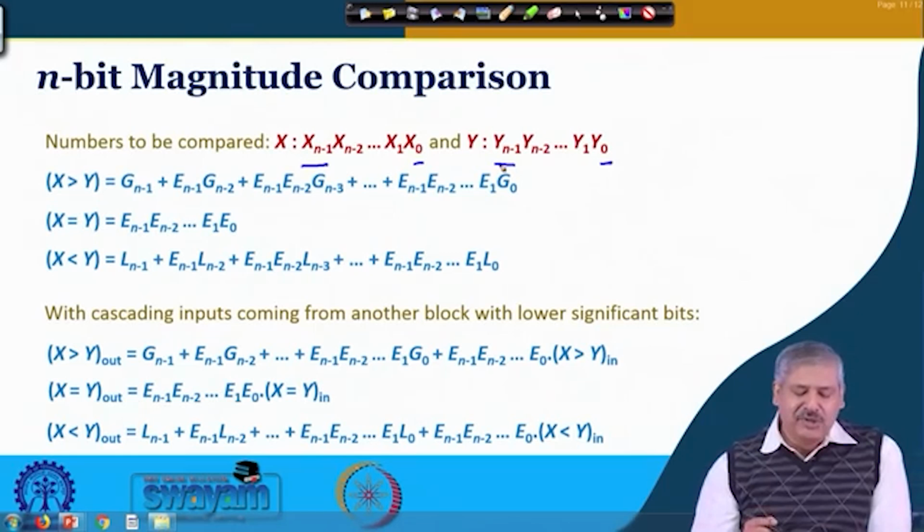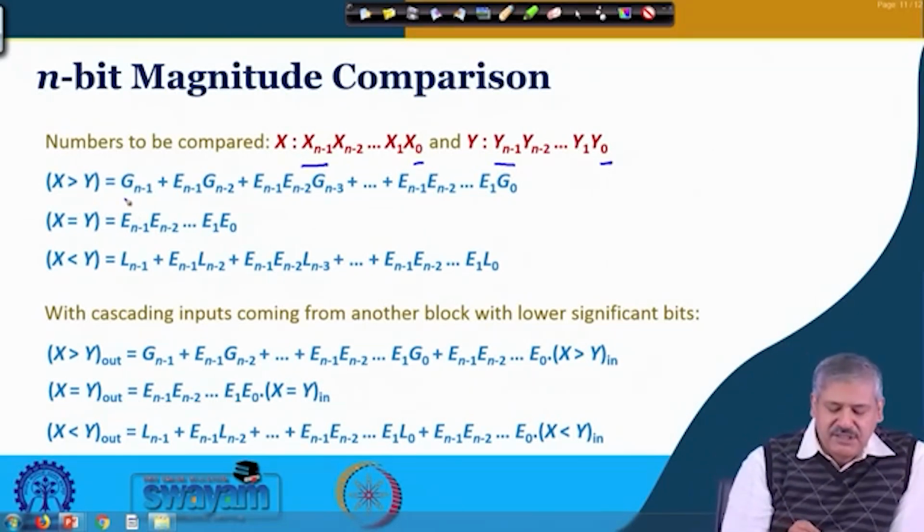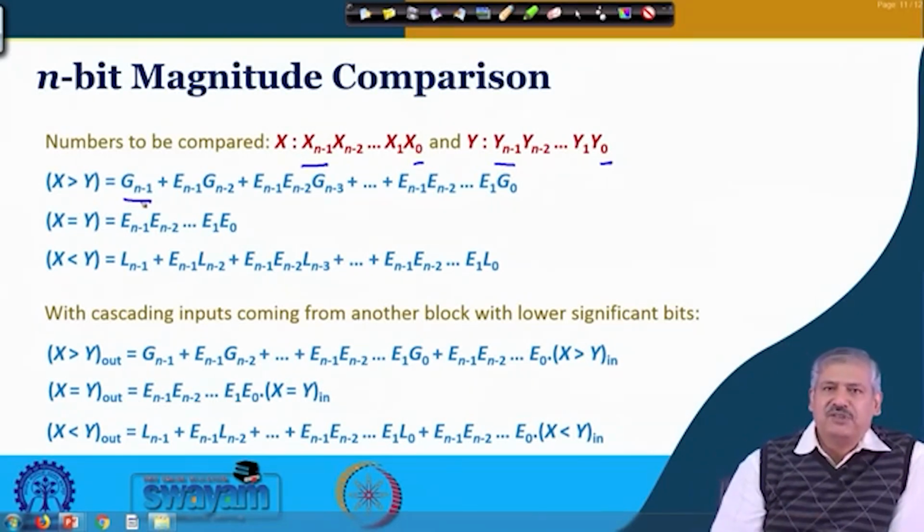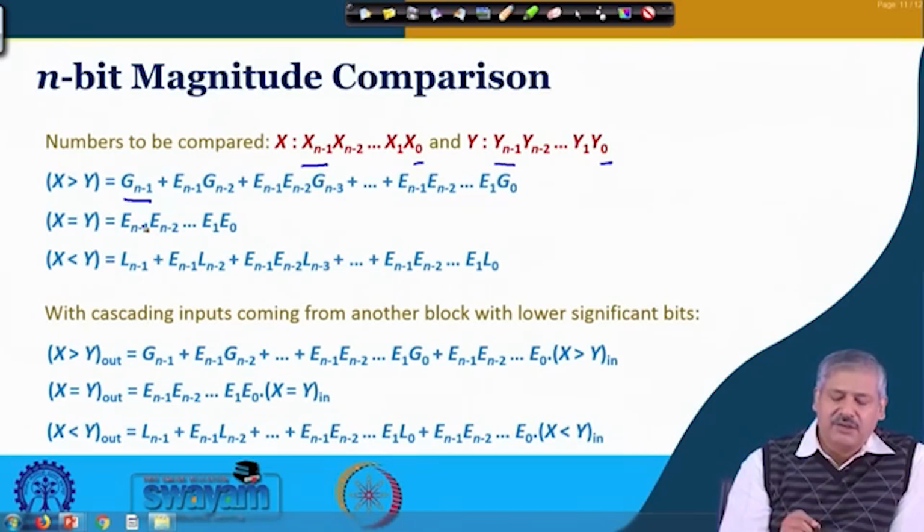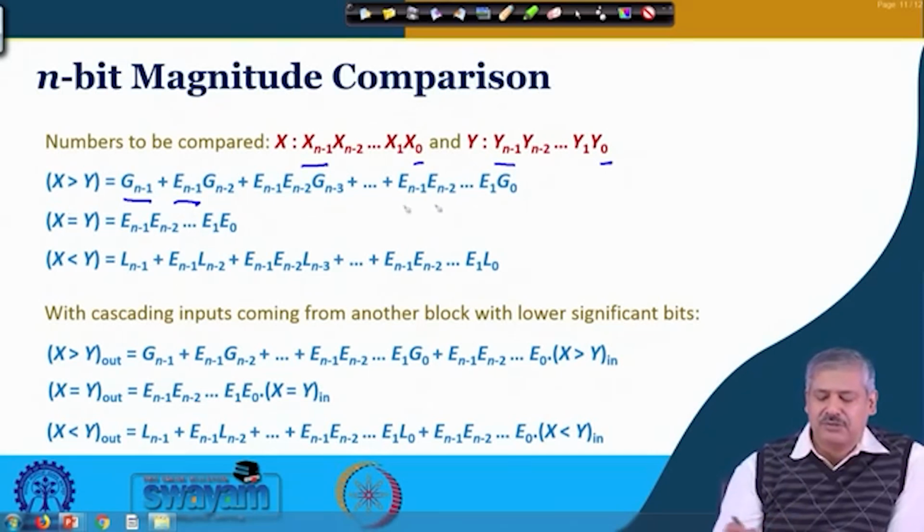And then we look at the most significant bit first, g(n-1). If this is high, then of course x greater than y, right. If it is not high, if the most significant bit of x is less than that of y, then you do not need to go to the next step.